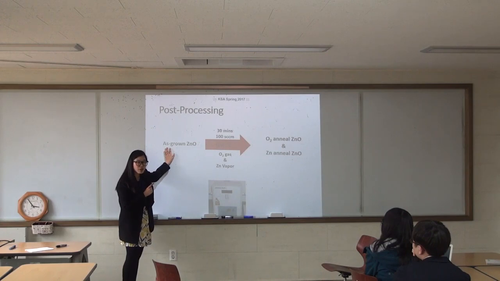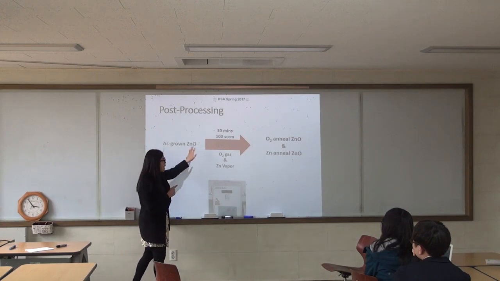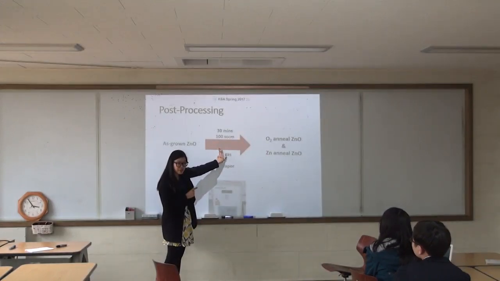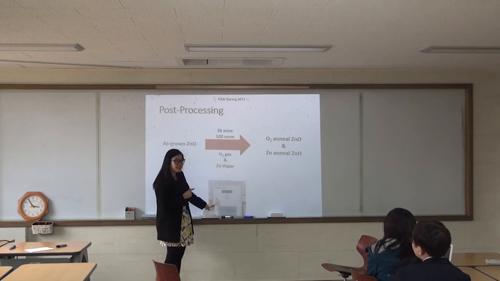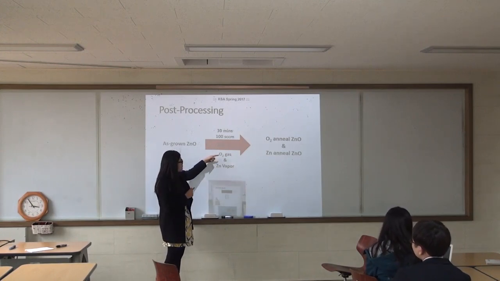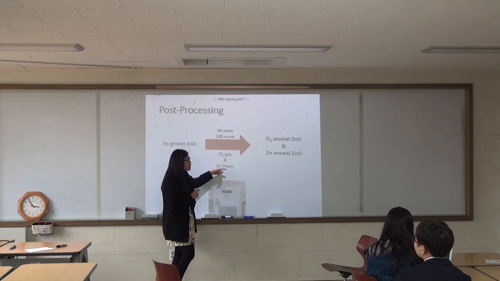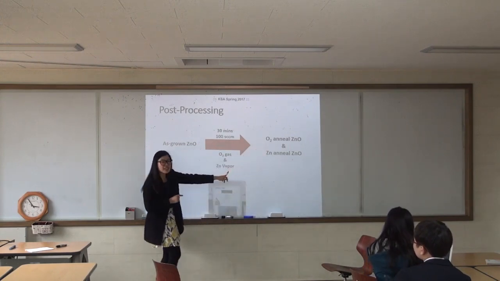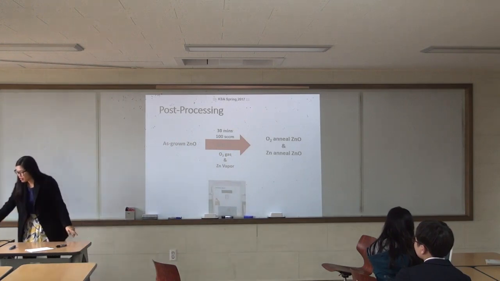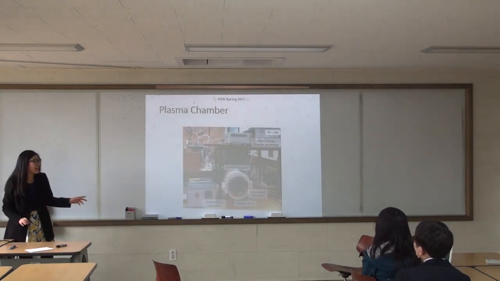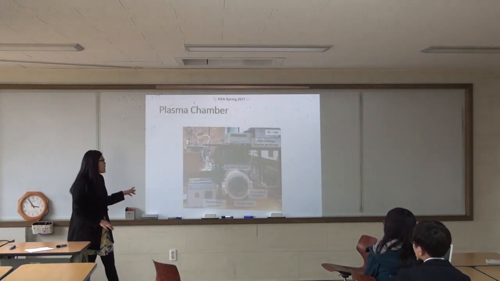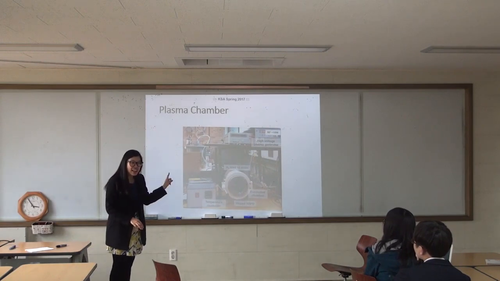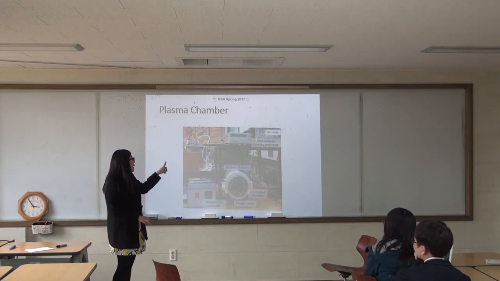After that, I modify the surface by annealing at 650 degrees Celsius in the tube furnace, with oxygen gas purge and zinc vapor. Then I get another 2 samples, oxygen anneal and zinc anneal. And 1 sample I did hydrogen plasma, and I will tell you why I did it.